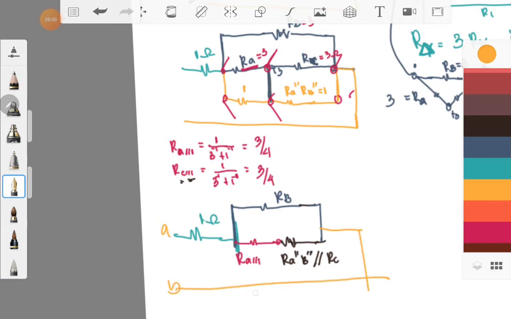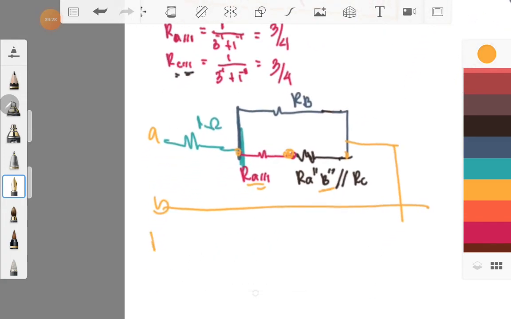Okay, you will notice that your RA in parallel with 1 and your RC in parallel with 1 are in series with each other, because the two terminals are connected. One terminal of RA in parallel with 1 is connected with the other terminal of RC in parallel with 1. Since they only have one connection between them and are connected to the other terminals, we may say that they are in series.